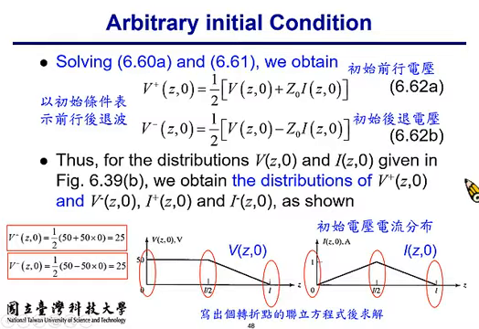So we massage the two equations in the previous slide a little bit and end up with the description for the V plus and V minus signals. All right? Why bother to find V plus and V minus? Because the trick in this problem is that it's asking what the distribution of voltage and currents becomes after a certain amount of time.